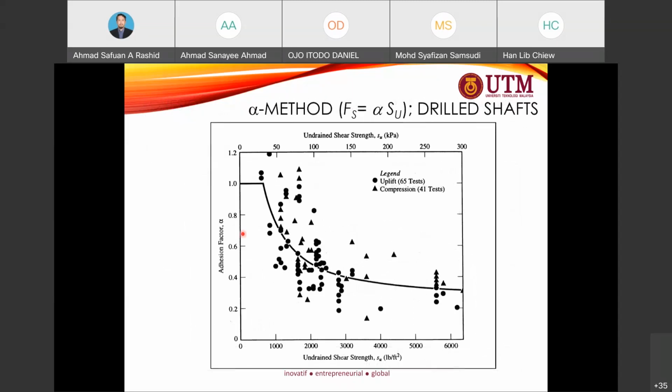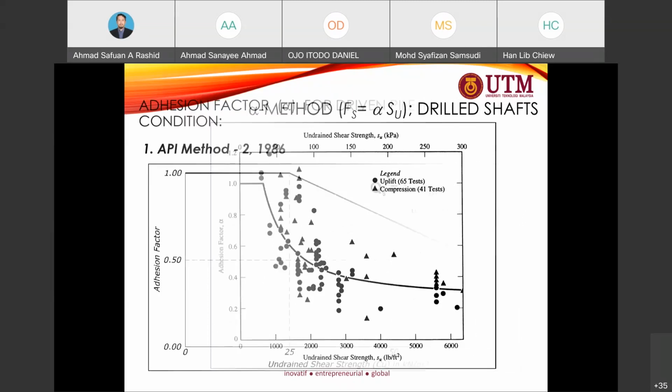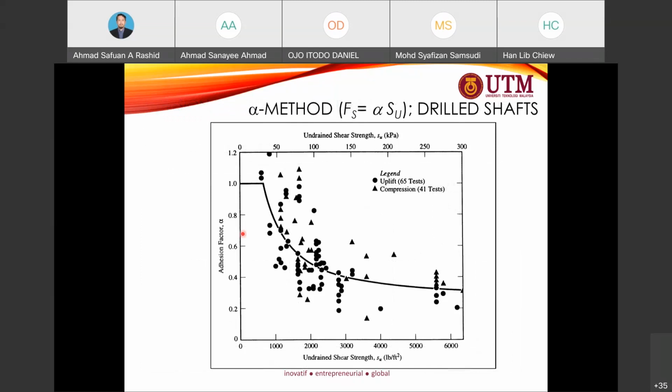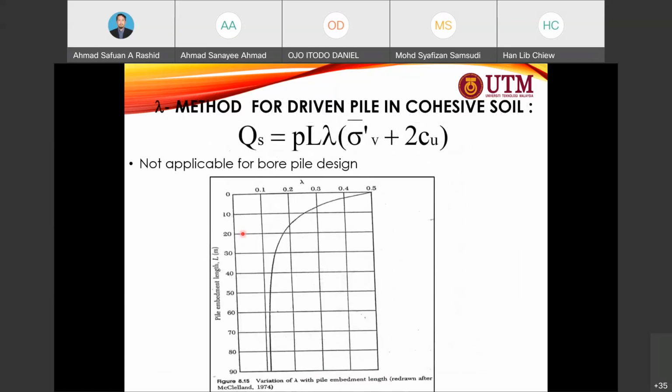Then there is also this adhesion factor, similar to this one. This is for a drilled shaft, most probably referring to the CFA type.